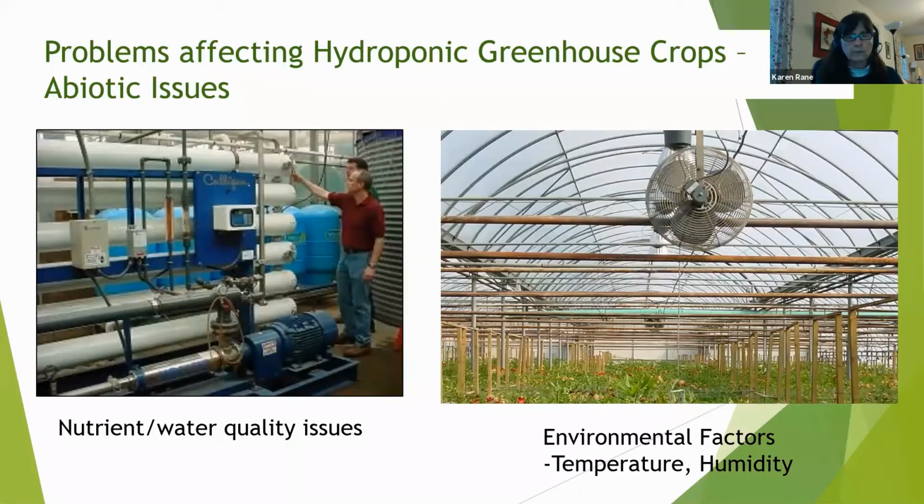That's one kind of broad group of issues that can cause problems in plants. And the environmental factors, things like temperature, humidity, and not just temperature of the air, but temperature of whatever medium you're growing in, be it hydroponic liquid or rock wool or soilless mix or whatever. It's another group of factors that affect plant growth and can really have an impact on your crop.